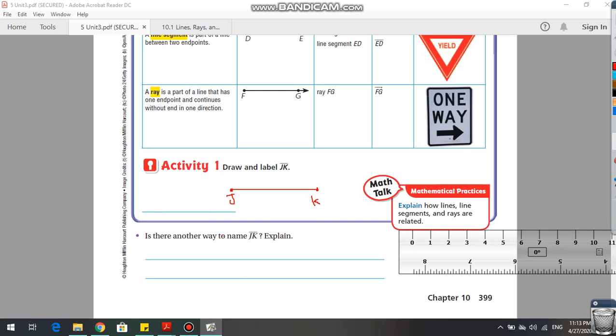Is there another way to name JK? Yes, I can say KJ. Why, guys? Because for a line segment, I can write it both ways. I can start with whatever letter I want. If I want to start with J, it's fine. If I want to start with K, it's fine. Why? Because I already know the starting point and the ending point.